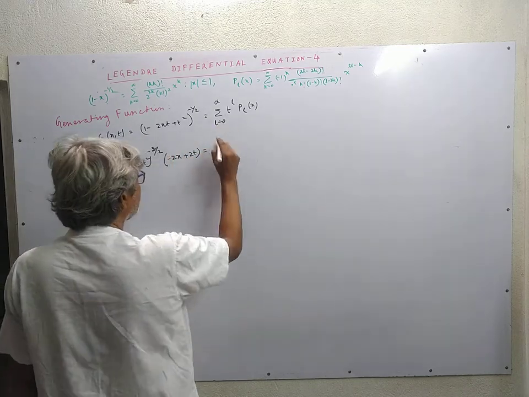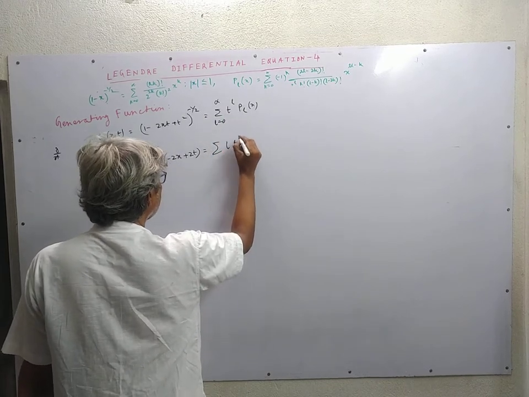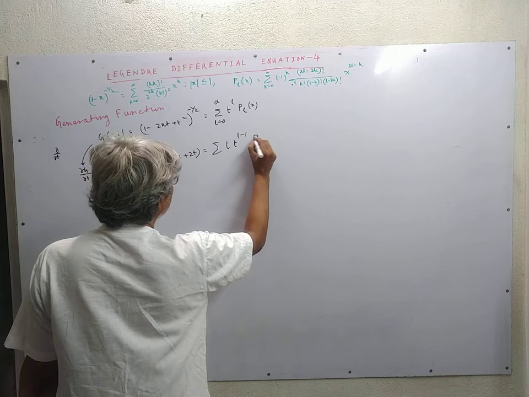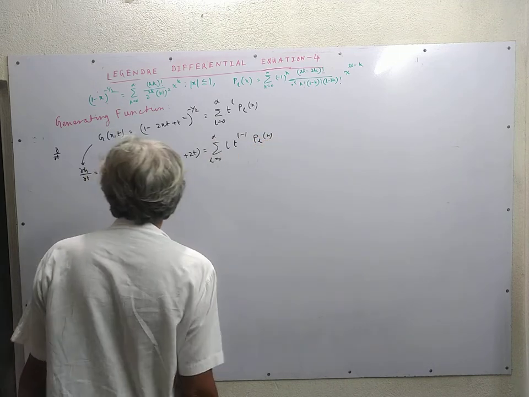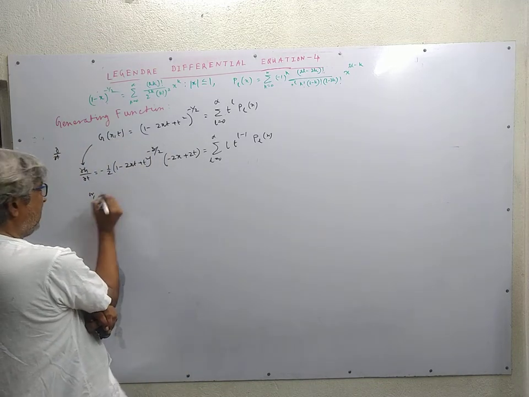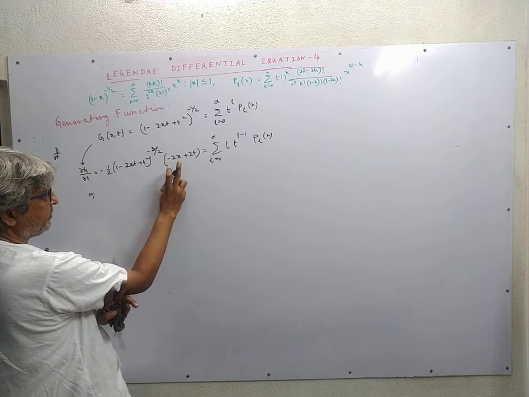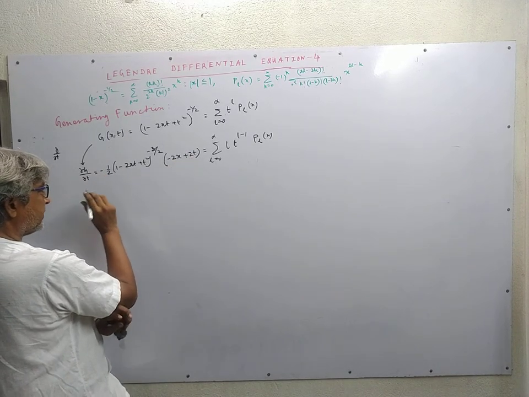We are differentiating with respect to t, so this will be differentiated L t to the power L minus 1 PL of x, L is equal to 0 to infinity. We rewrite this one as, if we take minus 2 common, this will become x minus t, and this minus 2 will be adjusted over here.